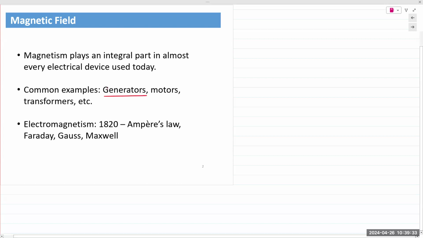A transformer is 2 coils wound together inside the same core. These are not Michael Bay-type transformers. These are electrical transformers. You would have seen them on light poles. There's a big cylinder surrounding an electricity pole, and then there's a distribution box that goes into each residence.